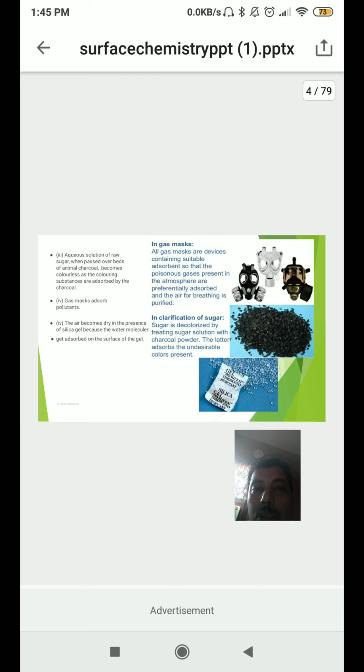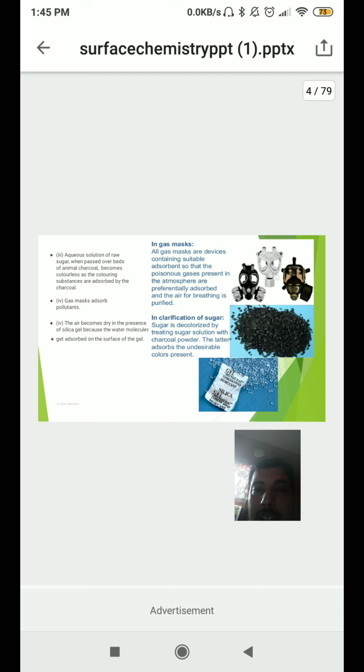Those people who work in a dirty or polluted environment, or where there are poisonous gases, such as scientists working in a lab, normally use these masks.